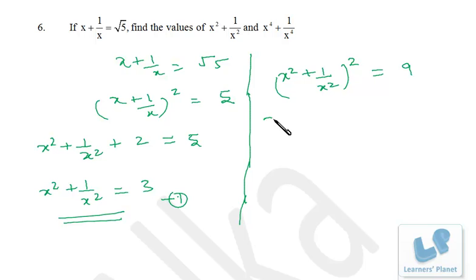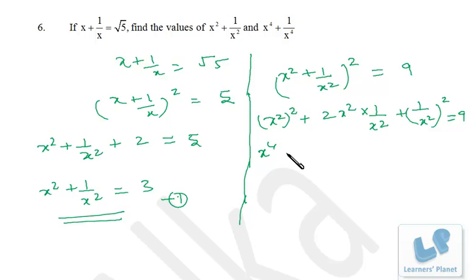So it's a², so (x²)² + 2ab, that is x² into 1/x², plus b², that is (1/x²)², and that's 9. So this is x⁴ + 2 + 1/x⁴ is 9. That means x⁴ + 1/x⁴ is 7, right?